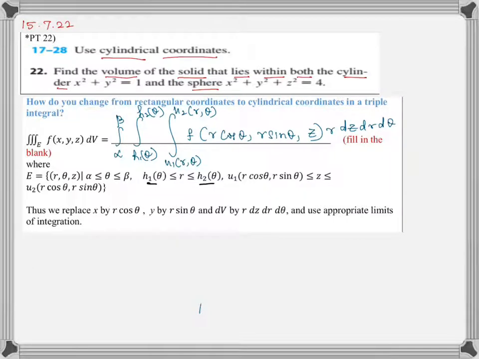Notice here x is replaced by r cosine theta, y is replaced by r sine theta, and z remains as z. Then dV gets replaced by r dz dr d theta.